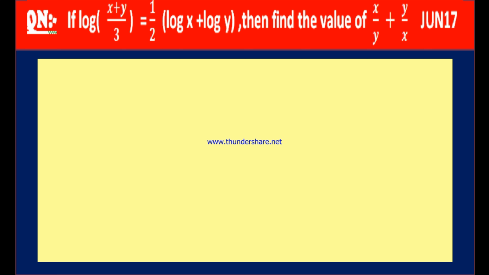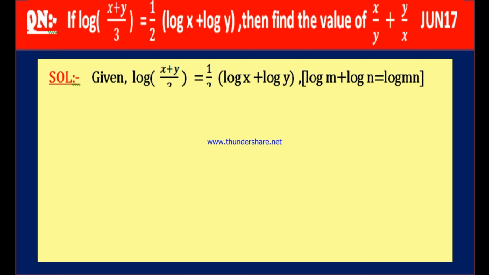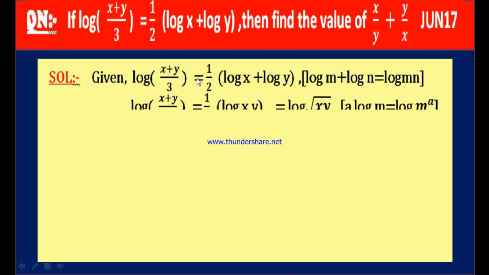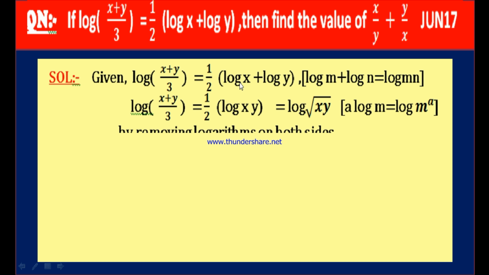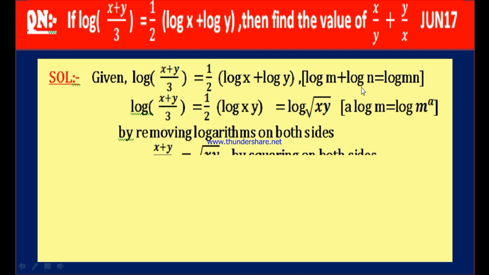Hello dear students, here is the solution. Here I have given that log of (x plus y) by 3 is equal to half of (log x plus log y). Now if you observe this log x plus log y, this is in the form of log m plus log n. We know that log m plus log n is equal to log mn.